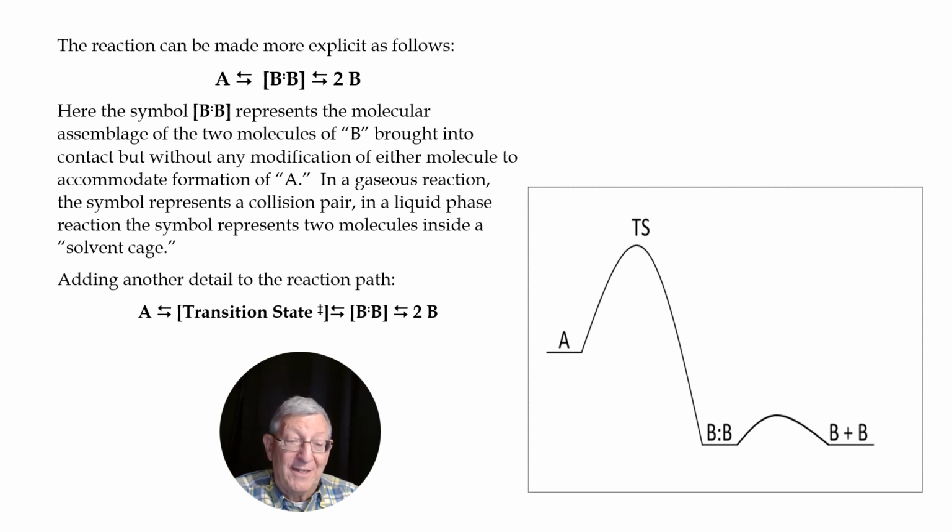If you're talking gas phase, we're talking about a collision complex, or if you're talking solution phase, a solvent caged pair or something like that. And then there's a transition state, TS, and I use this double dagger symbol to make sure you're thinking about the transition state. And then, of course, you have A and you have the 2B, B plus B.